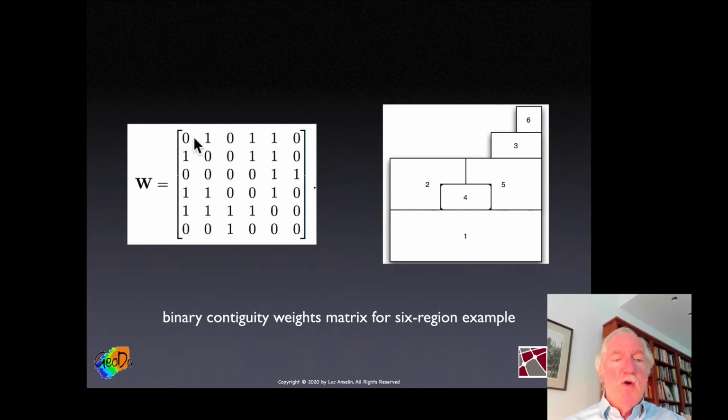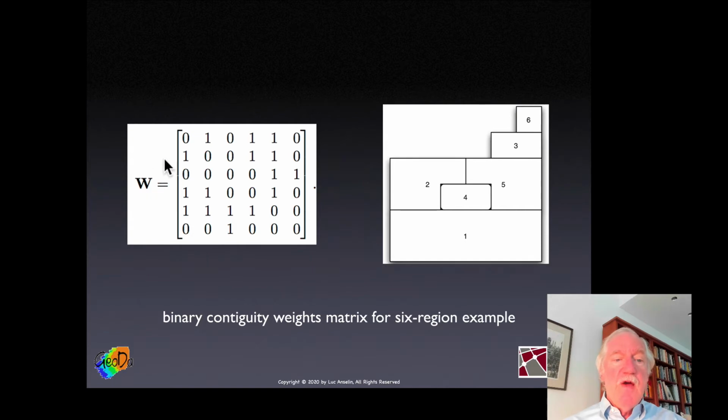Observation 1 in the row, observation 3 in the column, no common border, 0. Observation 1 in the row, observation 4 in the column, neighbor. Same for 5, for 6, there is no neighbor. So that constitutes the first row of the spatial weights matrix. Because in this case, simple contiguity is a symmetric relationship, this row is exactly the same as the first column. In other words, the matrix is symmetric.